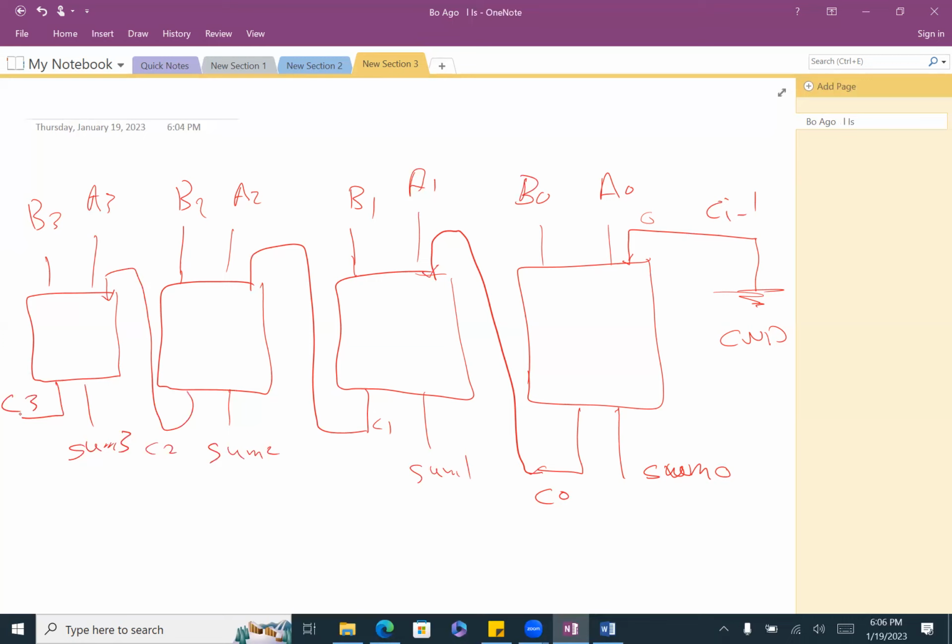You build it, you do your best to make it fast. Then we just replicate that design. Now, can I create an 8-bit adder from here? What we have to do is add 4 more and connect them. Just move the carry. All right.